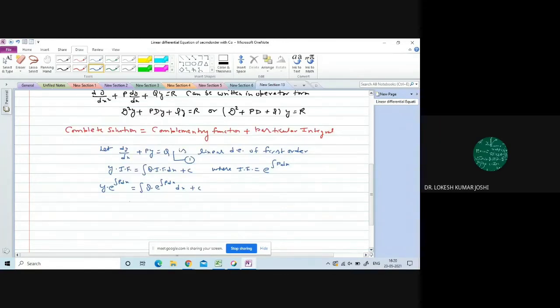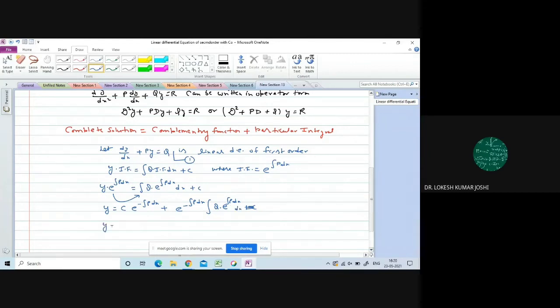If we send this e to the power integral p dx to the right hand side, what will happen? It will become y equals c e to the power minus integral p dx plus e to the power minus integral p dx times integral q into e to the power integral p dx dx.